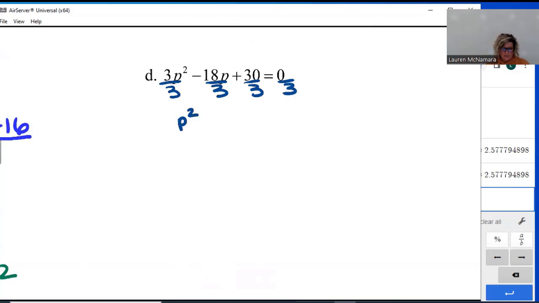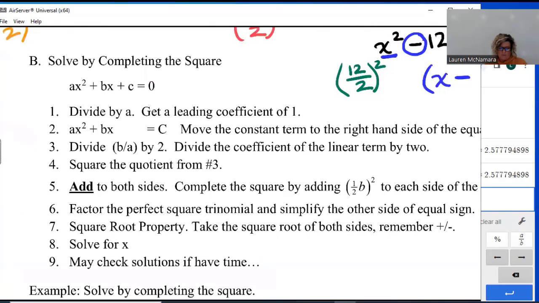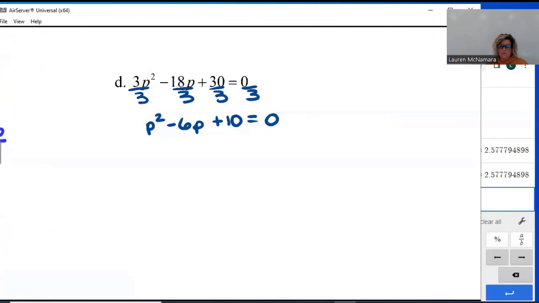So now I have p squared minus 6p plus 10 equals 0. Now I want to move my constant over to the other side. So how do I take that 10 and move it to the other side?